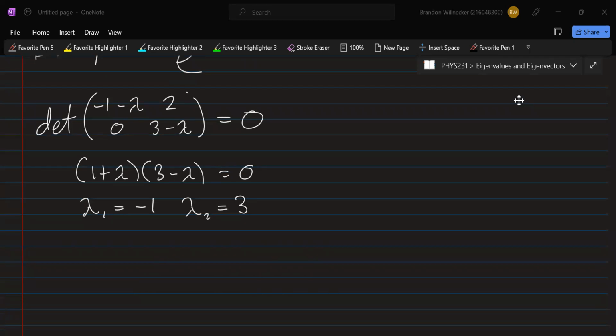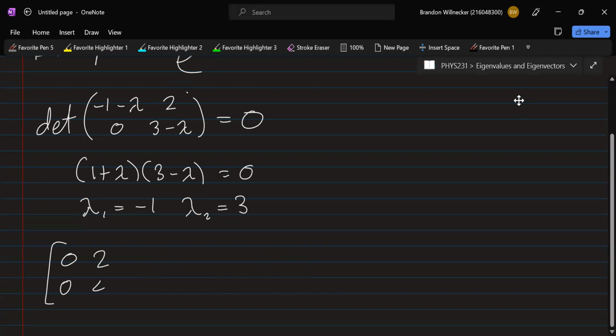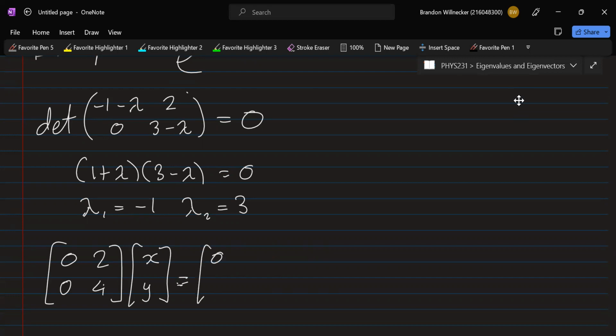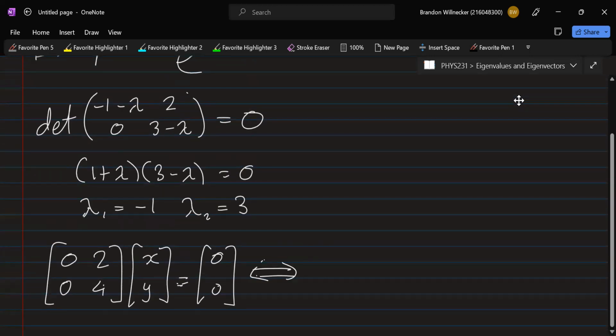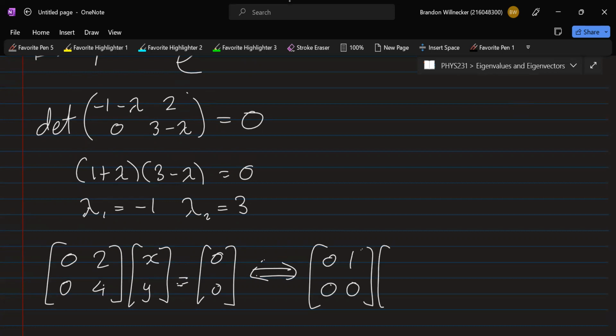So substituting in the minus 1 for the first one, we're going to get 0, 2, 0, 4 times some x, y, we don't know what it is yet, is equal to the 0 vector. This is equivalent to 0, 1, 0, 0 times x, y is equal to 0, 0, just via row operations.